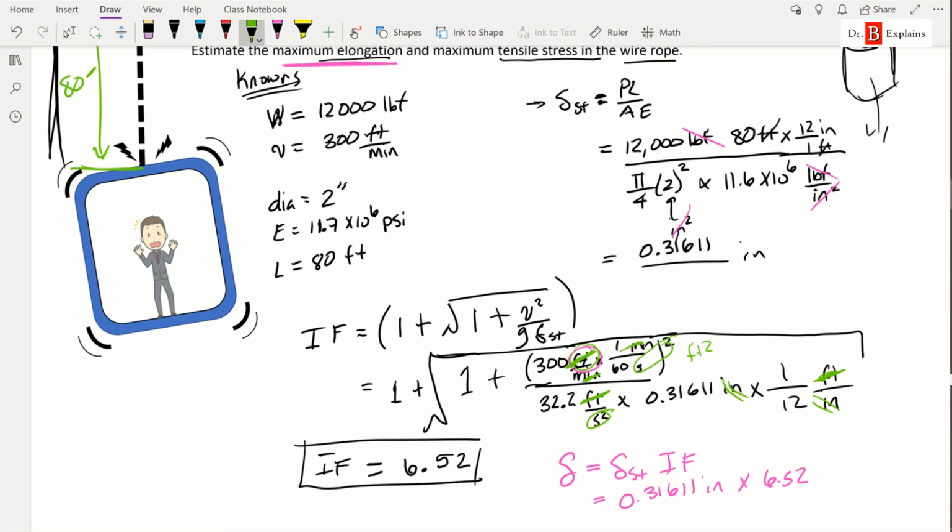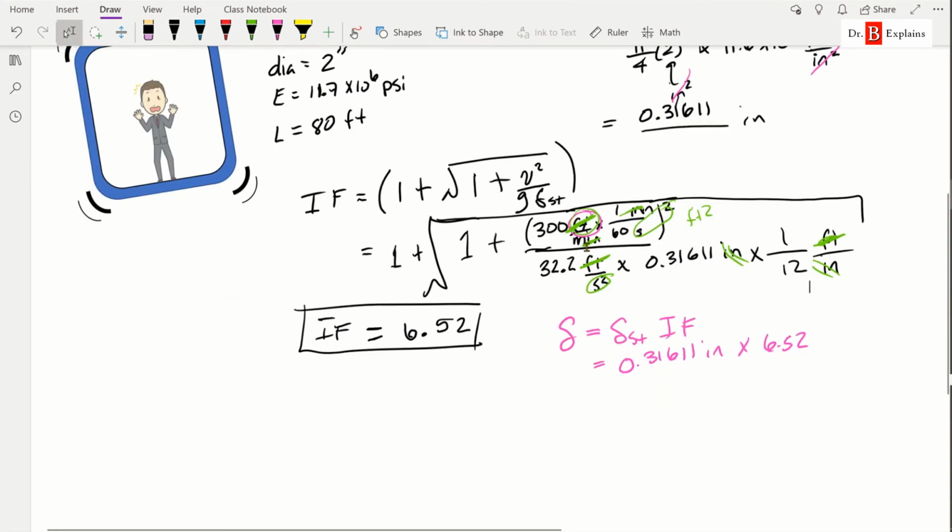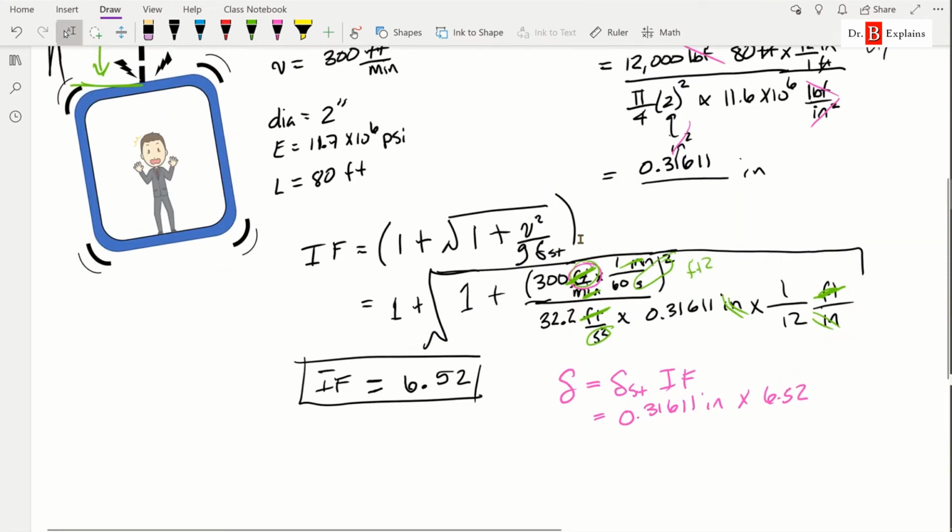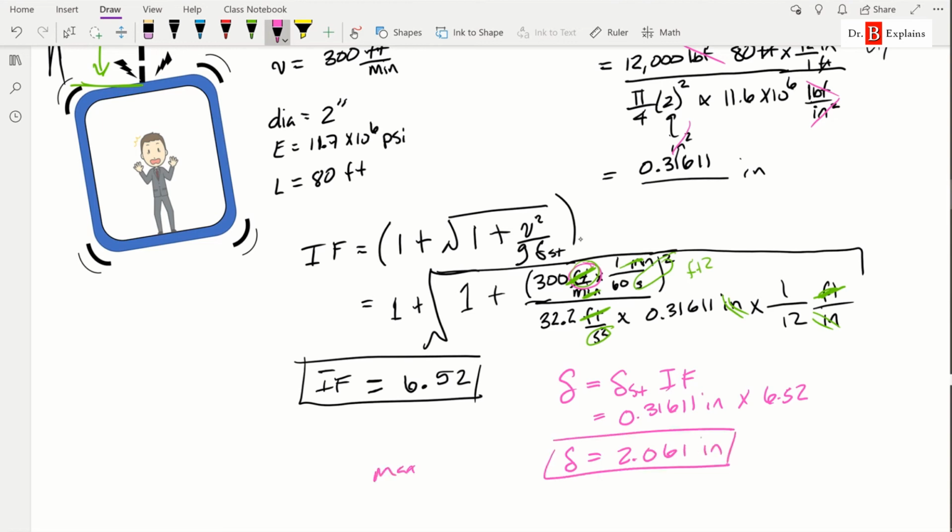So at the end of the day, the impact factor should be unitless. Good, I remember that. Okay, so we have the delta. I'm going to take 6.52 times 0.31611, plug it into the calculator, and we get delta equals 2.061 inches. So that would be the max deflection.